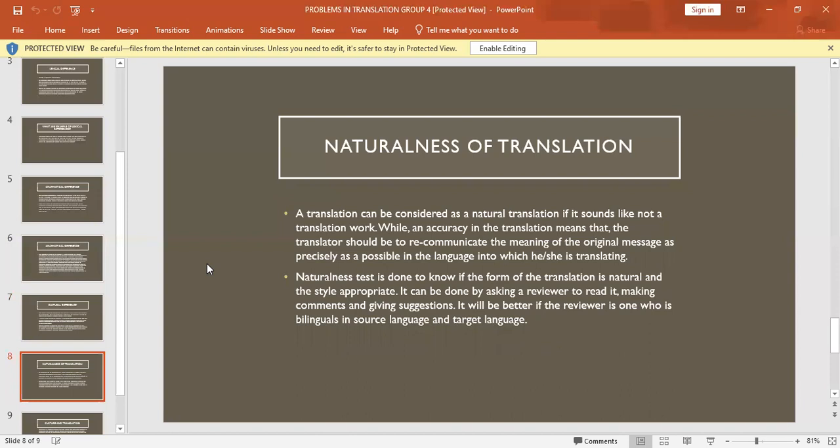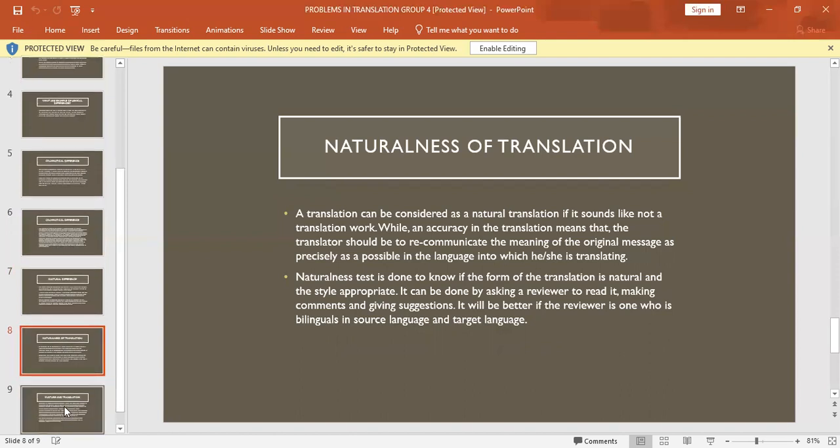A naturalness test is done to know if the form of the translation is natural and the style appropriate. It can be done by asking a reviewer to read, make comments, and give suggestions. It will be better if the reviewer is bilingual in the source language and target language.